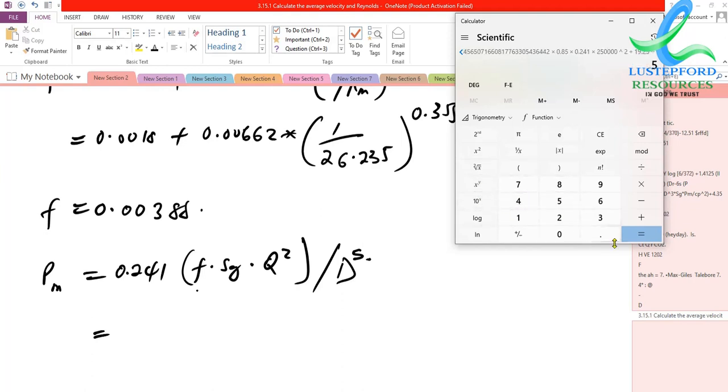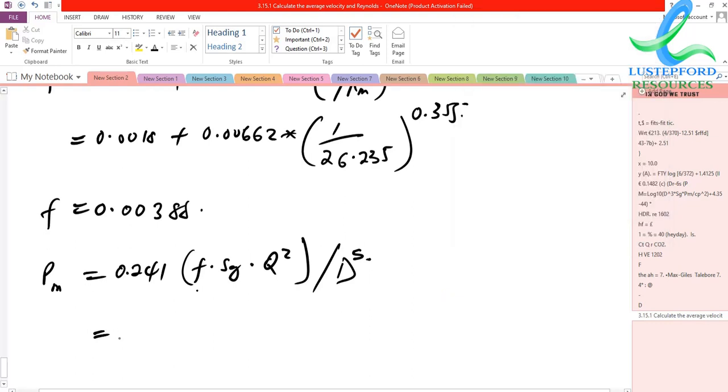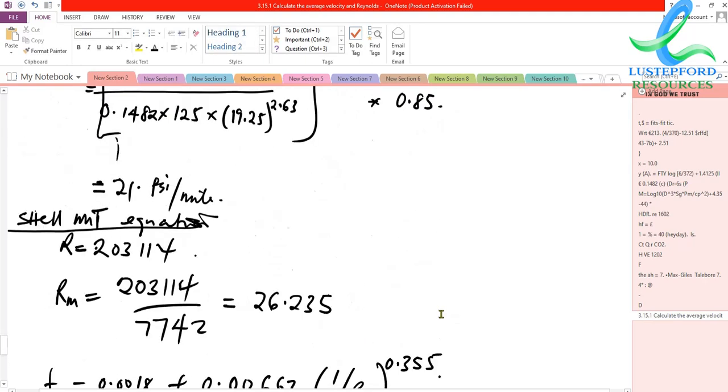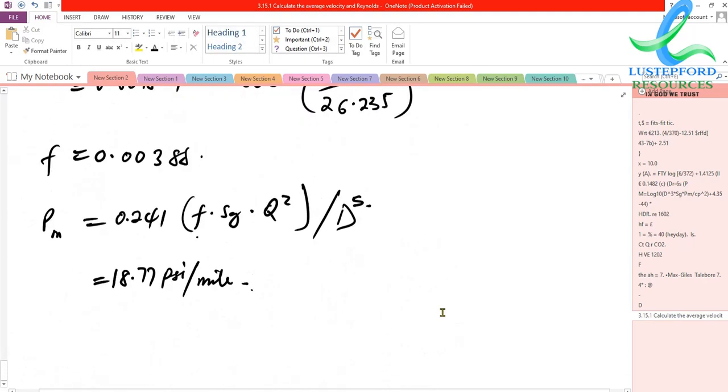So we got 18.77 psi per mile. So this other one is 21, this one is 18.